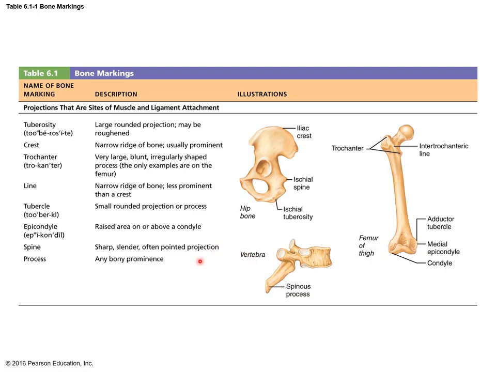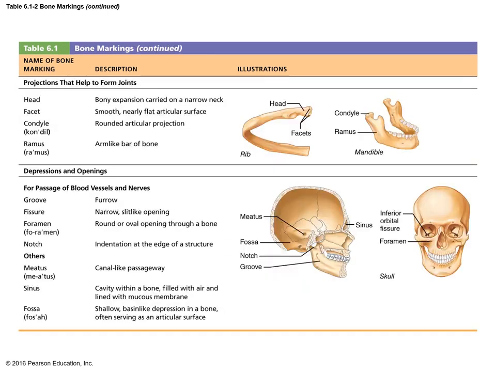A spine is usually very sharp and slender, often a pointed projection out. A head, a facet, a condyle. Often these are helping to form joints, so it's how they connect together to form a joint.